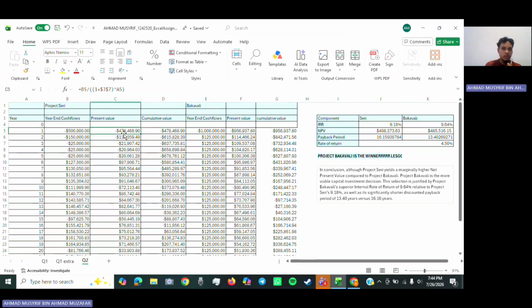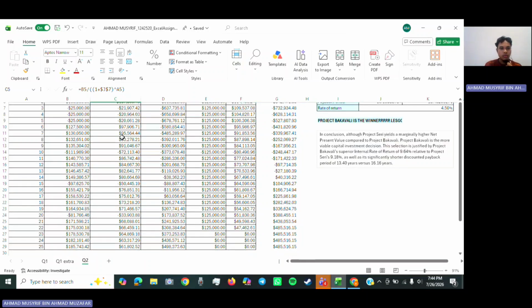For the present value here, we use the formula: year-end cash flow, which is here, divided by (1 plus rate of return, which is 4.5%), to the power of year.